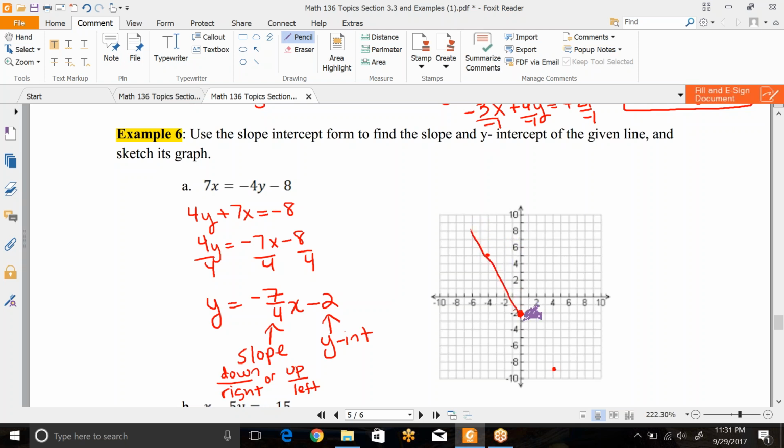Notice my 3 points are all in the same line together. And we do draw the arrows on there to say it's continuing on. If they ask you to find the slope and the y-intercept, that means there'll probably be a spot for you to write that on your test. So my slope is negative 7 over 4, and my y-intercept, remember, should be written as an ordered pair. So 0, negative 2.